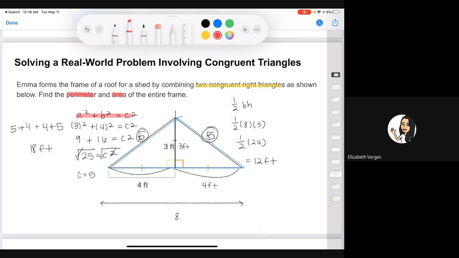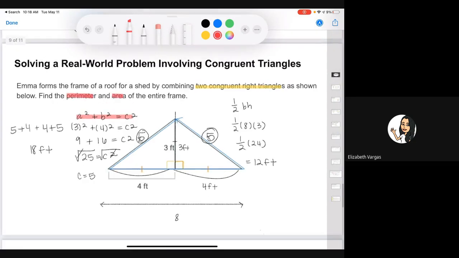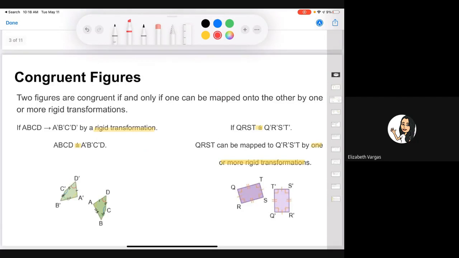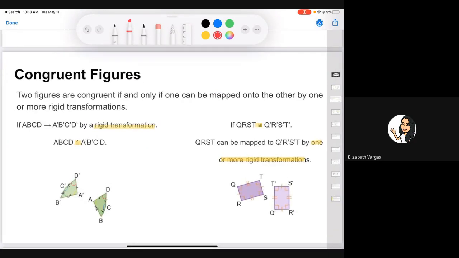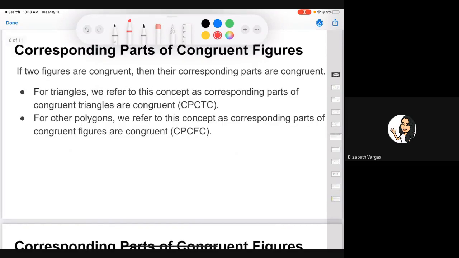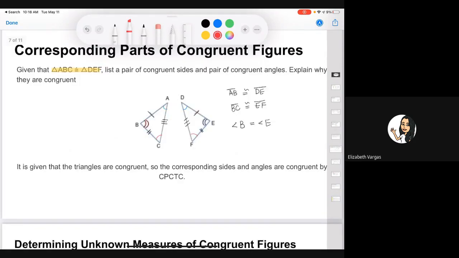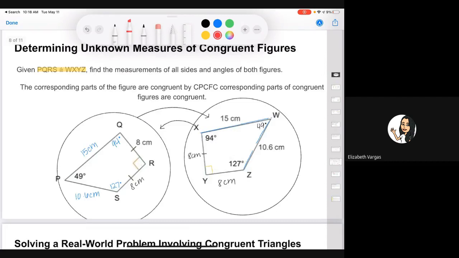We'll review it if we see problems like that, okay? Most of the problems you will see, however, have to deal with determining if two figures are congruent, if a rigid transformation is applied, or if I know that two figures are congruent and then I know that those parts will equal each other. So you'll just fill in those missing parts.